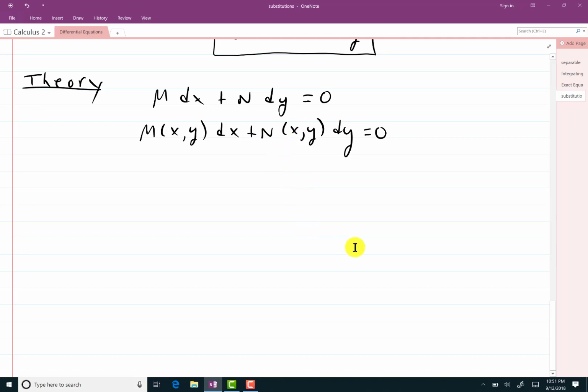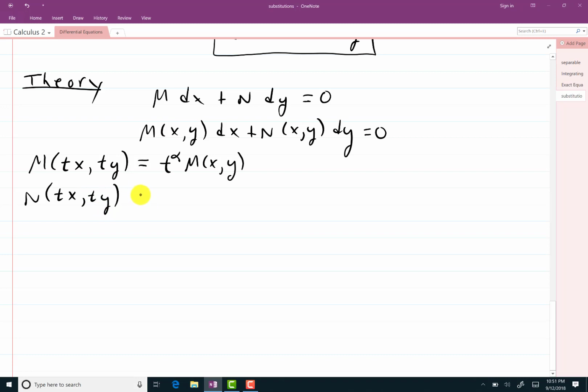So consider the following. If I take and replace x with tx and y with ty, if you can somehow factor out that t in one way or another, and you can do the same thing for y and pull out the same amount of t, then these things are going to be compatible for this method.